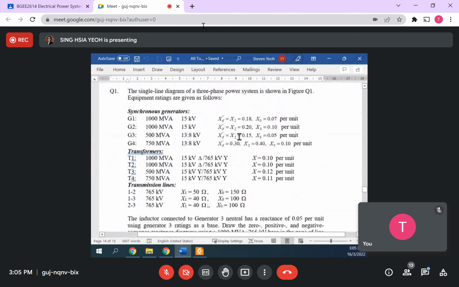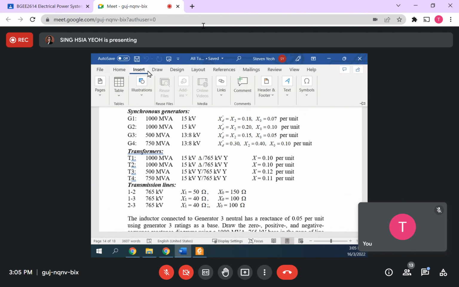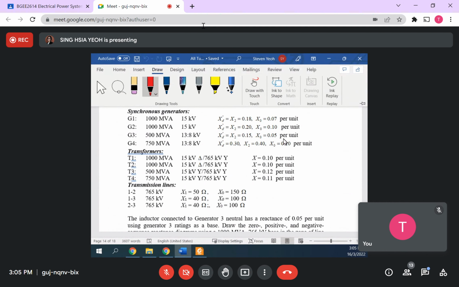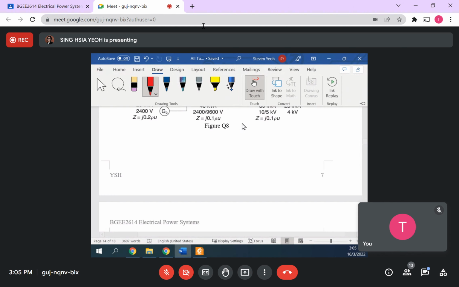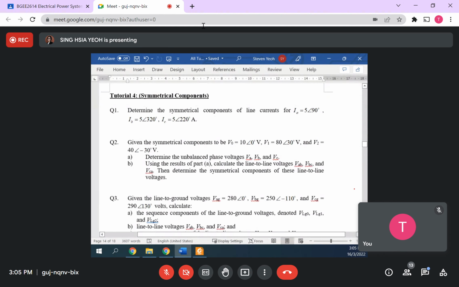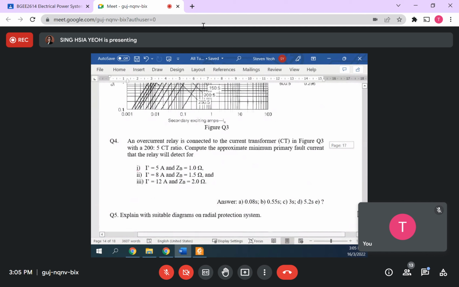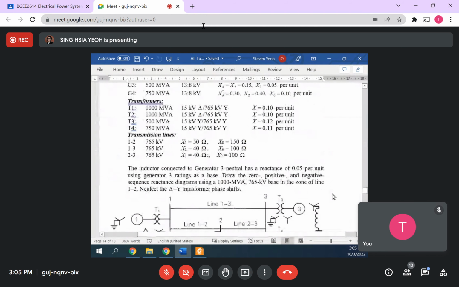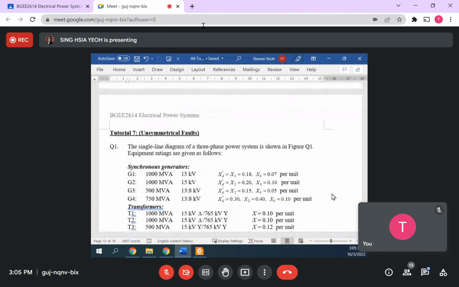This one is actually a bit confusing. X_d double prime is actually X1.